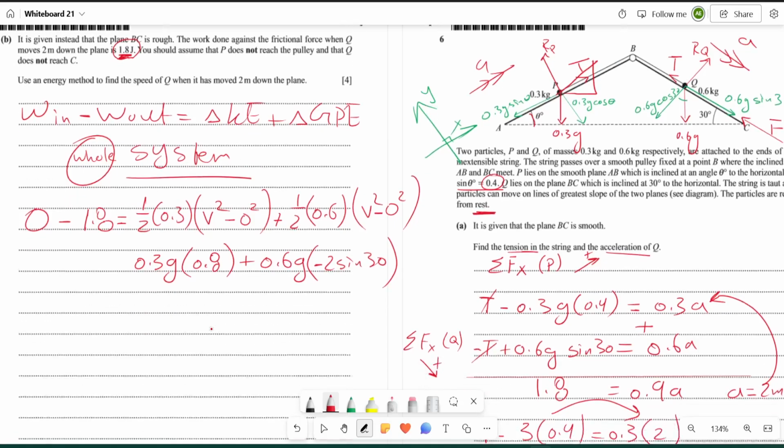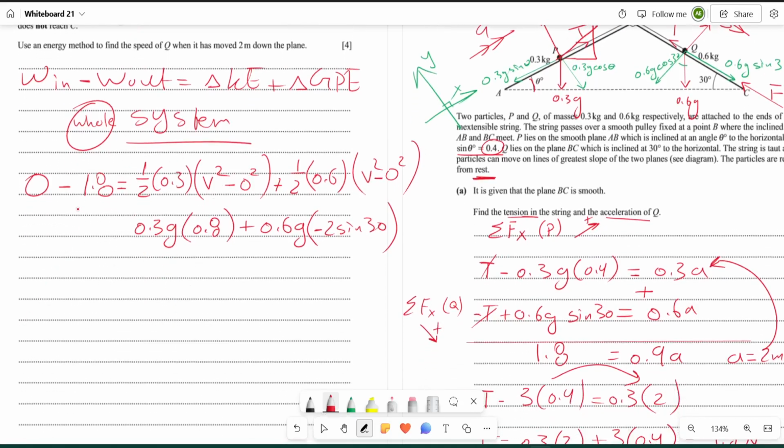And when you solve this equation, you can get the value of V. So this left part is negative 1.8 equals half times 0.3, which is 0.15, times V squared, plus half times 0.6, which is 0.3 V squared. Plus I'm going to add this term, all of it together: 0.3 times 10 times 0.8 plus 0.6 times 10 times negative 2 sine 30. This whole term is basically negative 3.6.